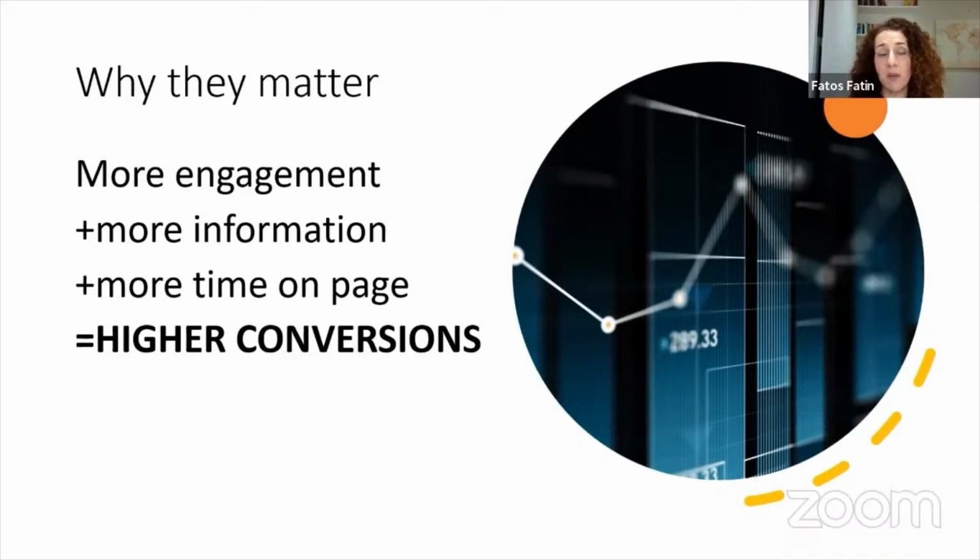If they're on your listing for longer, they're more engaged. You can give them more information. Therefore, you're removing a lot of the element of doubt, which can stop people buying. And that all added together translates into higher conversions. So all of this works together to actually help you convert more and more and more sales.